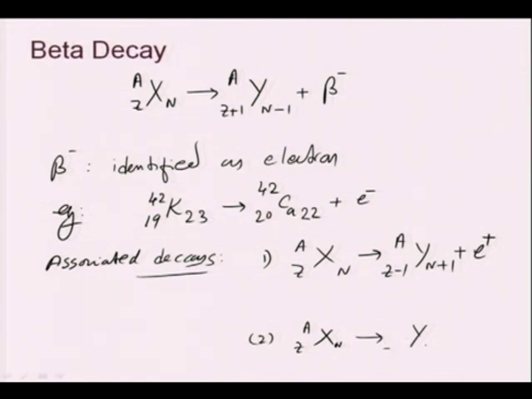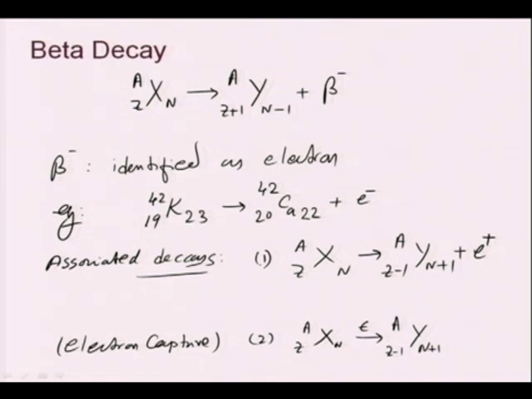So, we will denote that as Z minus 1 atomic number, and A remains the same and n is increased by 1 unit, and there is no emission of a particle. It is actually the absorption of electron, capture of electron from that thing. We call this the electron capture. So, this is basically electron capture, and the earlier one is the positron emission.